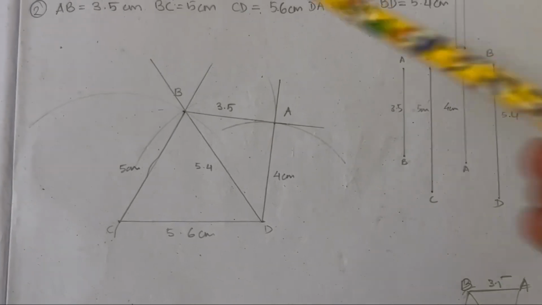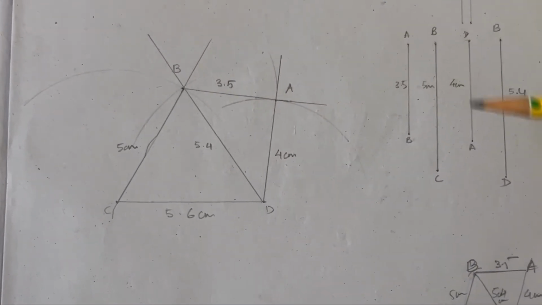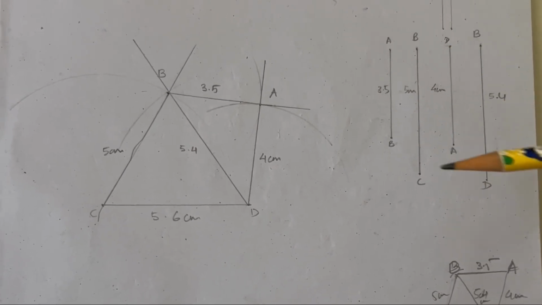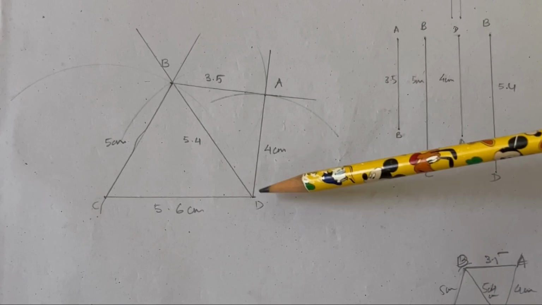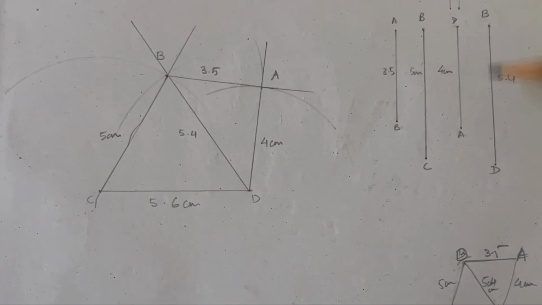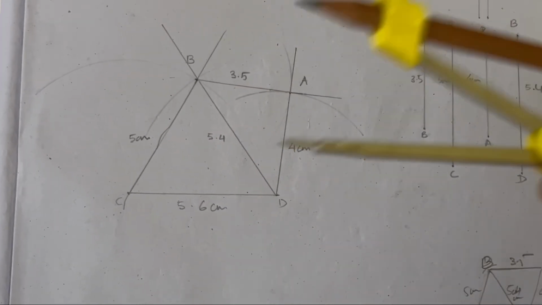I have already written all the instructions that need to be used, like AB as 3.5, BC as 5 centimeter, CD as 5.6, DA as 4 centimeter and BD as 5.4 centimeter. And accordingly we take the compass.